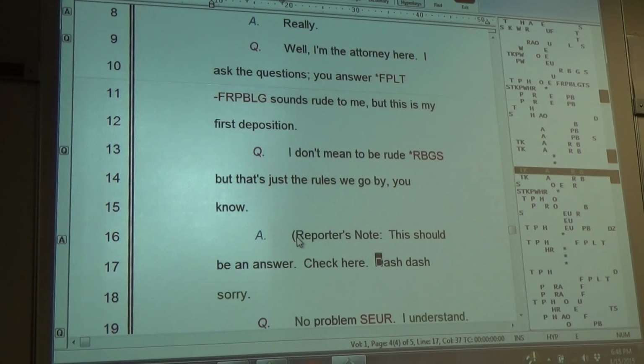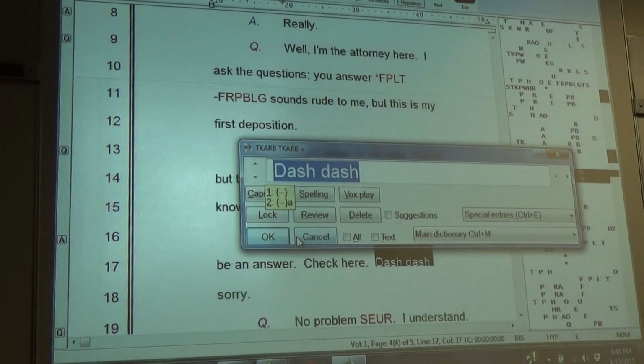Let's see what they were trying to do here. Dash dash is dash. My dash is all of the vowels. AOI is my dash. So when they say, well, I went to the, it's going to be I went dash, I went to the dash, I went to the store.